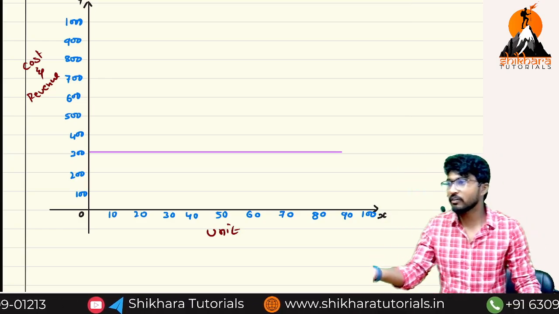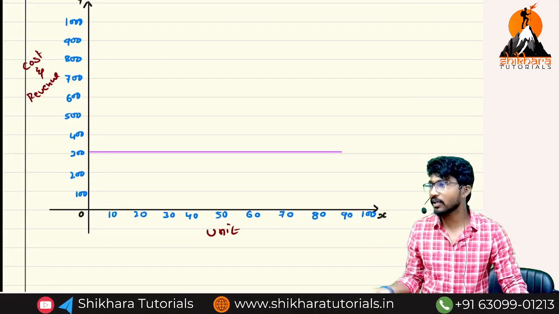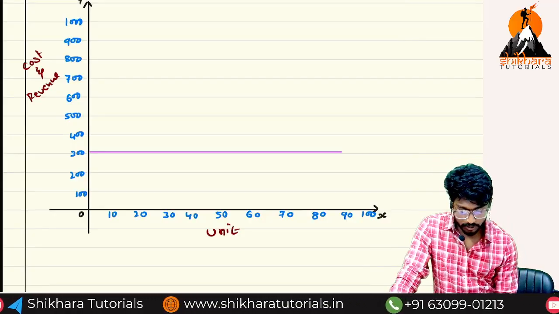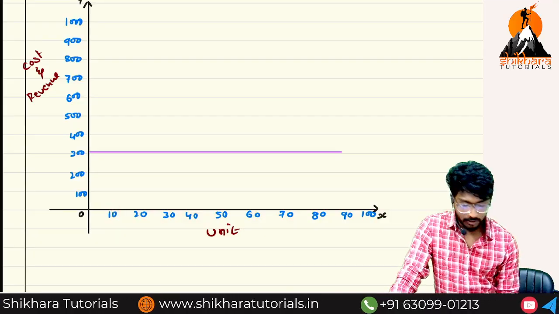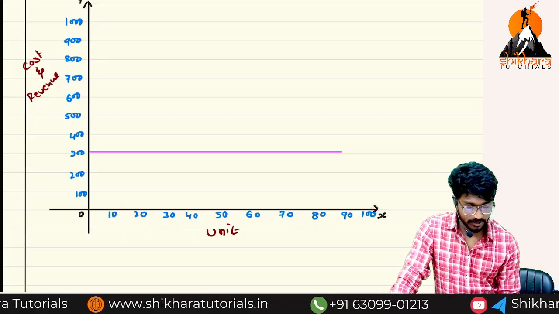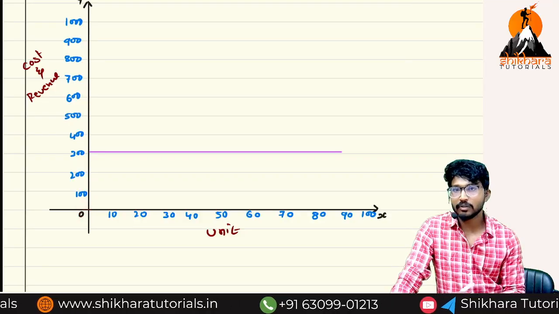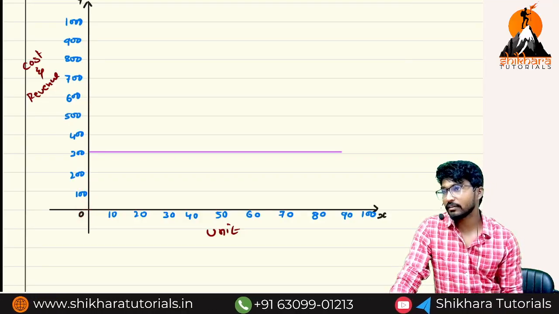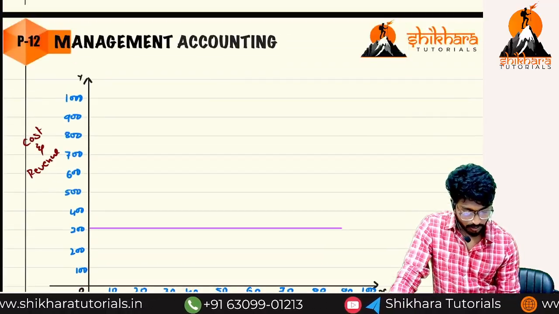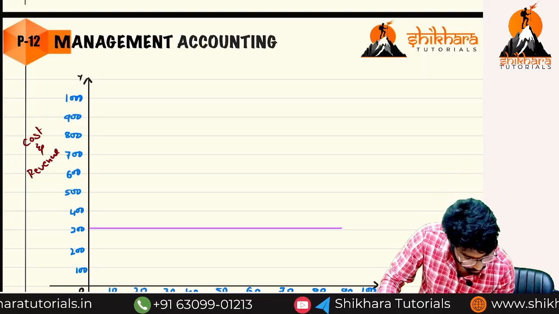If you are producing 1 unit, your variable cost will be 1 into variable cost, which is 12 rupees. For 100 units, it starts from the origin. The variable cost line is a straight line only. For 100 units, 100 into 12 is 1200. Where is 1200? I think here.